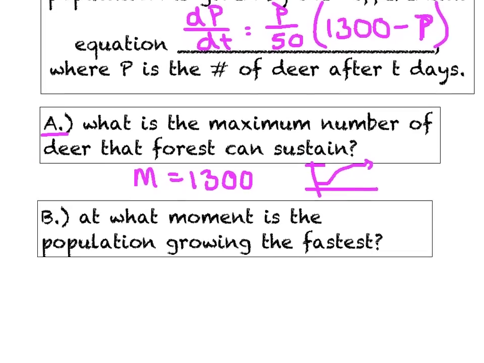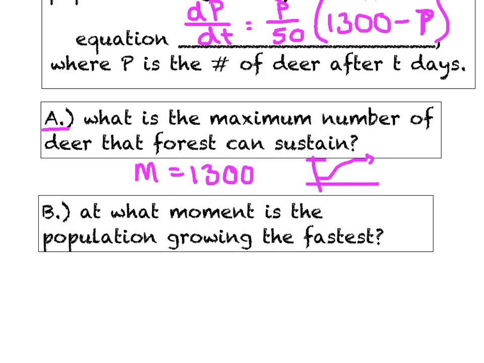The next question here, at what moment is the population growing the fastest? And that's where we talk about our points of inflection right there. Our point of inflection is guaranteed to occur at half of m, m divided by 2, which in this case is going to be at about 650.